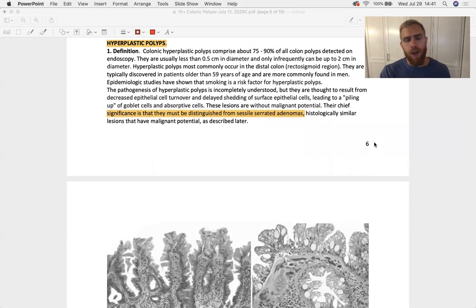Okay, so that was hamartomatous polyps. Now we're talking about hyperplastic polyps. And I guess thinking out loud here, I'm rationalizing that the way that they're different is, remember we said a hamartoma is essentially abnormal architecture, which means some cells are growing where they shouldn't be.